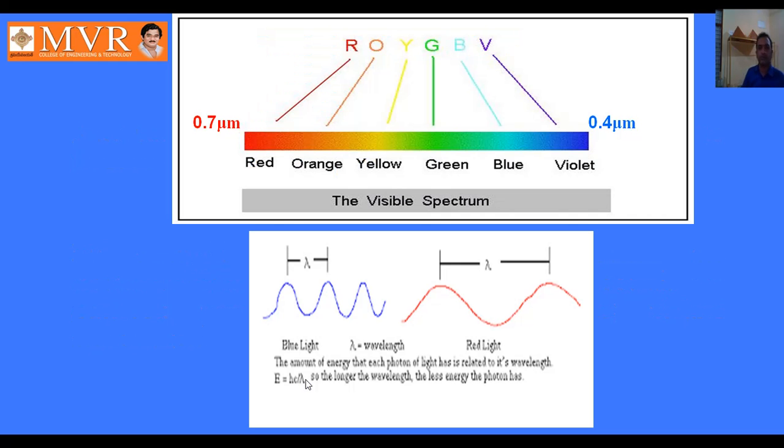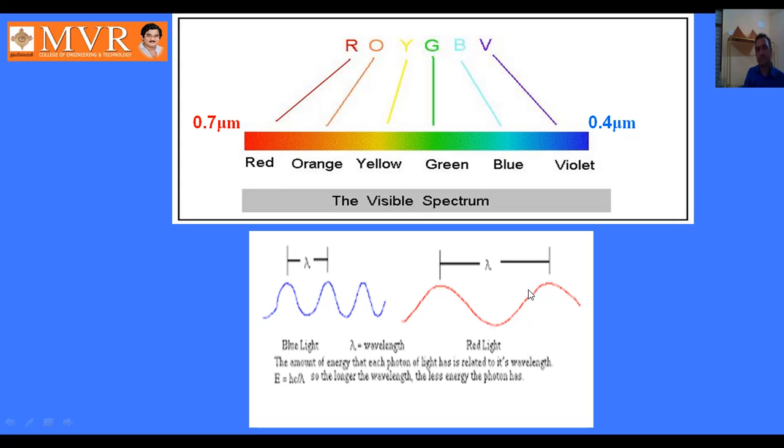If you observe here, in the visible region, violet is the shortest wavelength at 0.4 micrometer, and red is 0.7 micrometer. So violet is low wavelength and red is high wavelength.